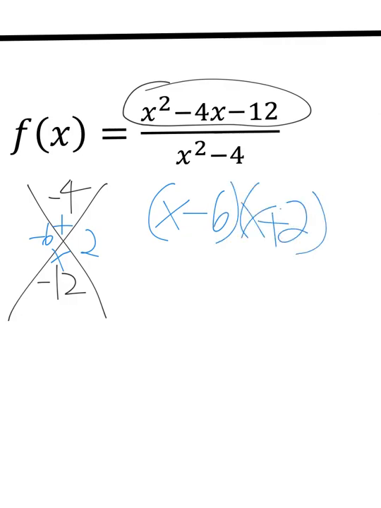And then this on the bottom here, what am I going to do with that? Well, that is a difference of squares pattern because you have x squared, that's a perfect square, and then you have minus 4, and 4 is a perfect square.